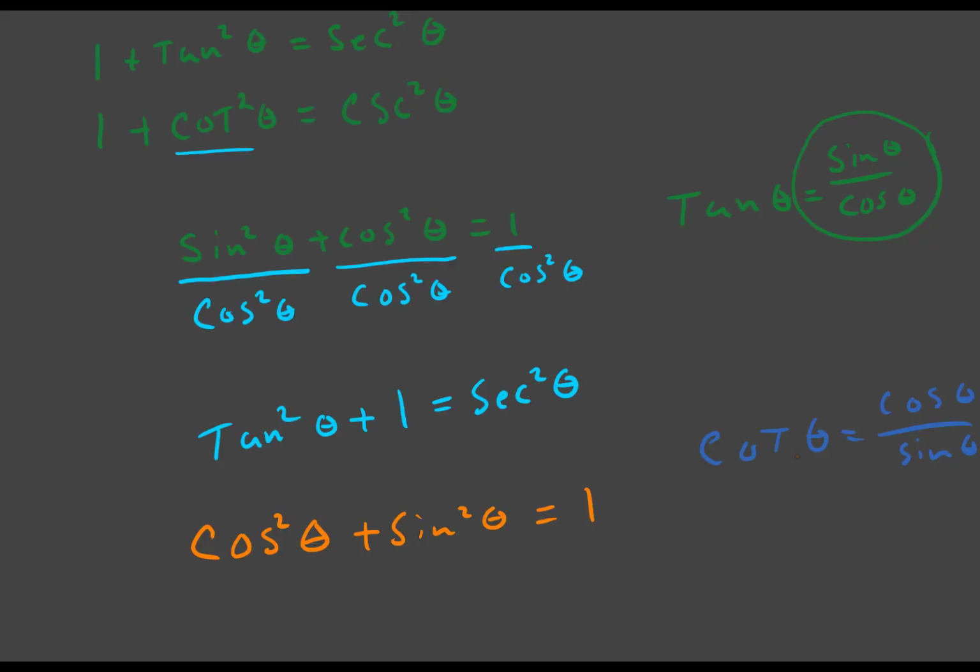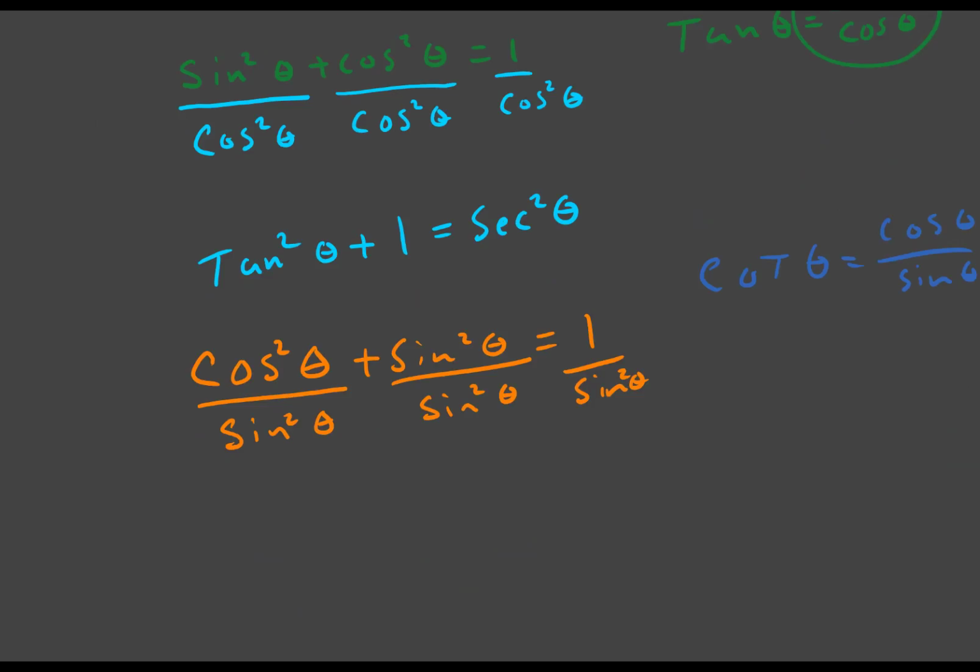And we want to get this to look like cotangent. We want to have a cotangent term in here. Well, let's just divide all the terms by sine squared of theta. And again, simplifying, cosine squared theta over sine squared theta is just cotangent squared of theta.